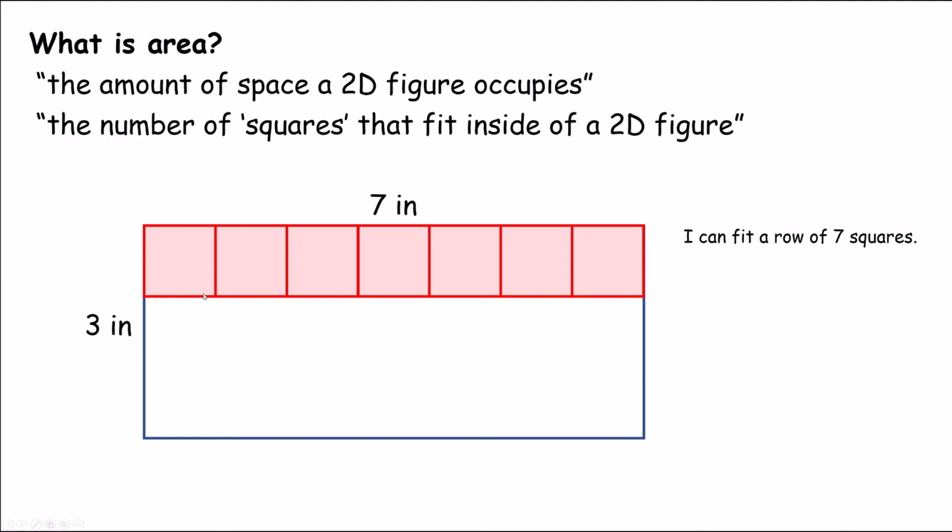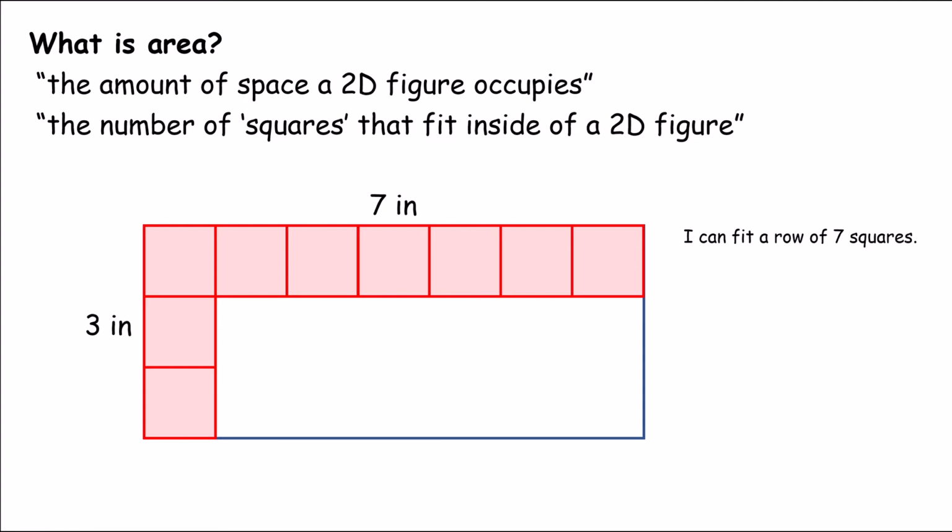But notice that this row of 7 squares does not completely fill the rectangle. In fact, if I were to put a row of squares up and down, you can see that this rectangle is 3 squares long, which should make sense because if each square measures 1 inch, we should be able to see that there are 3 that would fit along this side.